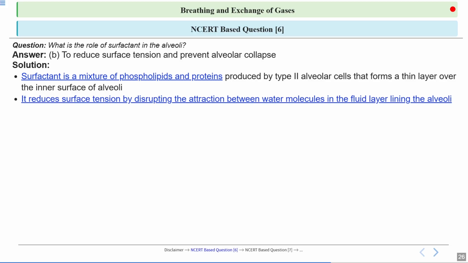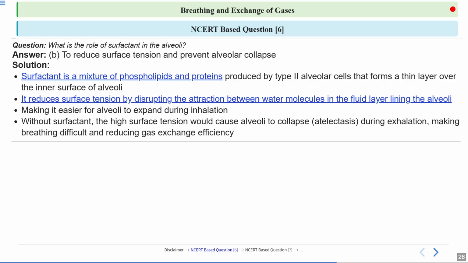This makes it easier for alveoli to expand during inhalation, right?